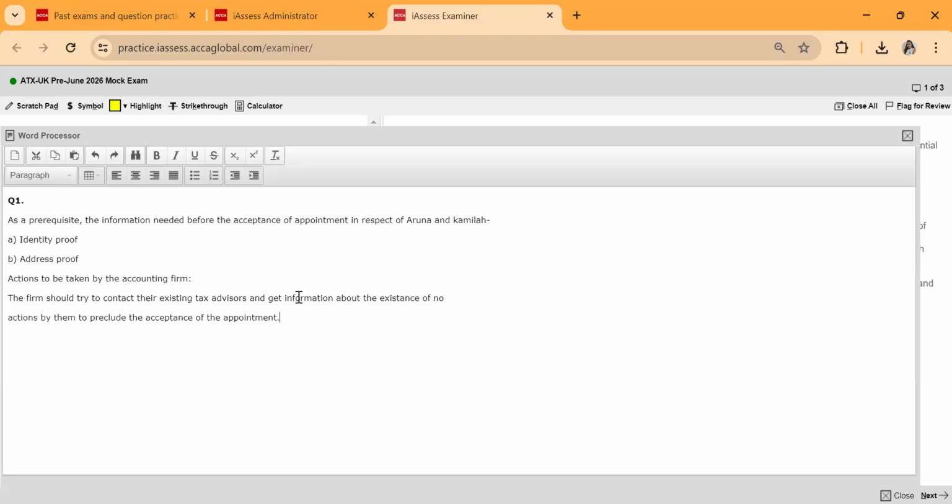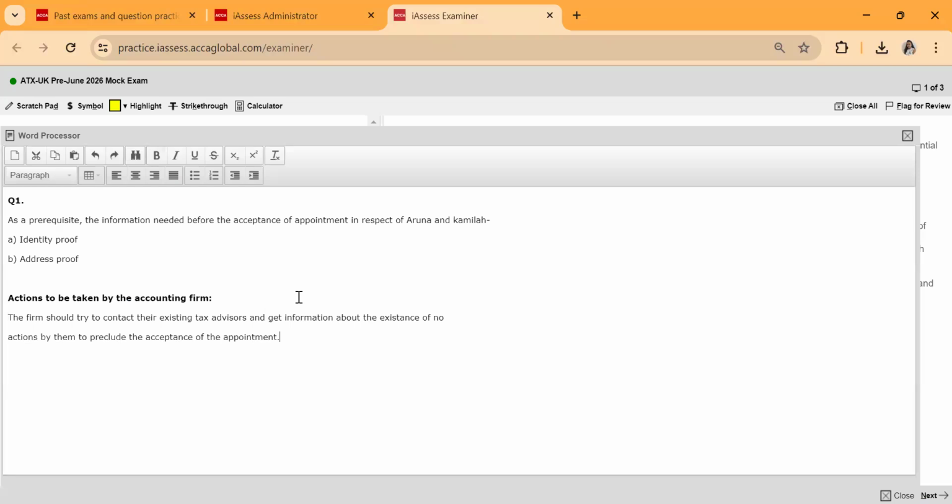Correct? This is how we will form it. So it's a small paragraph that I've given. You have to write your answers like this only, in small paragraphs. You can elaborate it also as per your own need, but let's say I want to keep it like a small paragraph, so I will keep it like that.